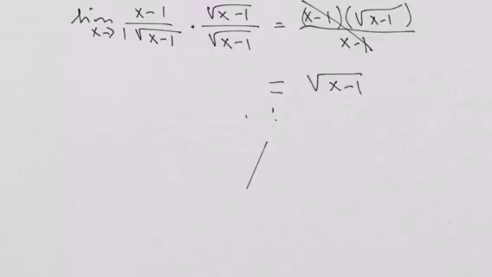I think I've got something screwed up here. Well, if I wrote everything correctly from the original problem, then in the limit as x goes to 1, we would now be able to say that it's equal to the square root of 1 minus 1, which equals 0.